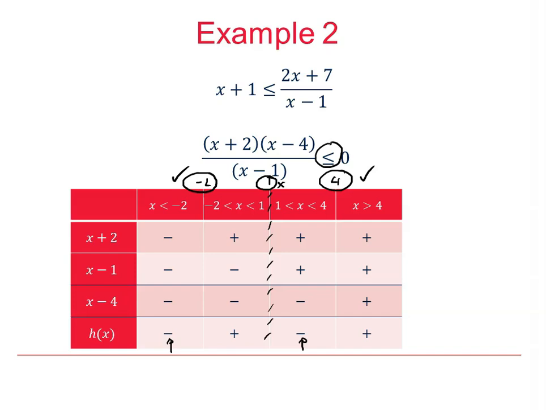So the solution will be the set of values x such that x is less than or equal to negative 2, union with the set of values x such that 1 is strictly less than x is less than or equal to 4.